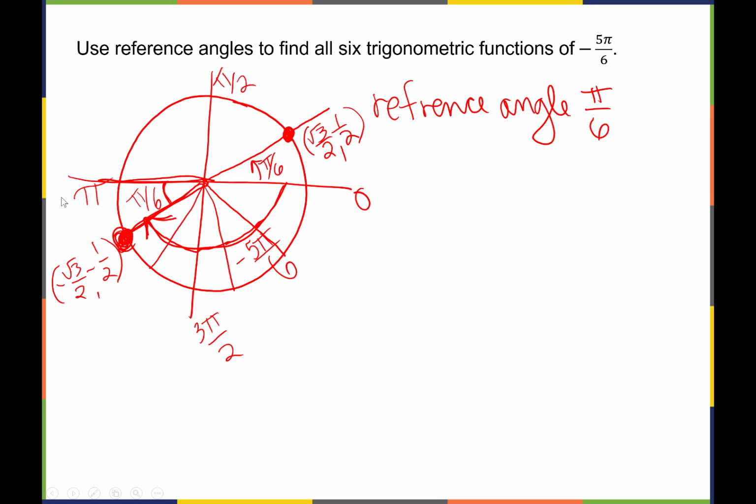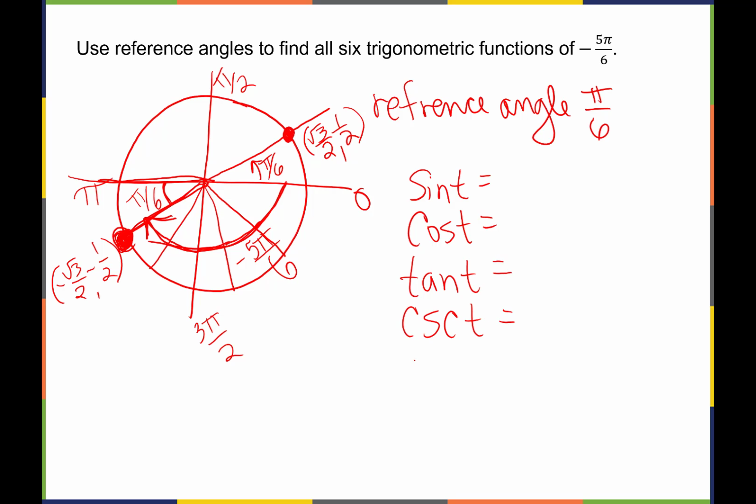So I want to find all 6 trig functions at this point right here when I sweep open minus 5 pi over 6. So I want to find the sine of my angle, my cosine of my angle, my tangent of the angle, cosecant, secant, and cotangent.